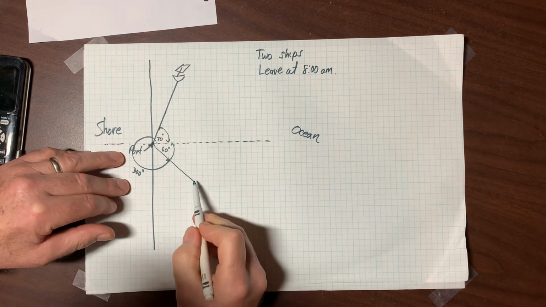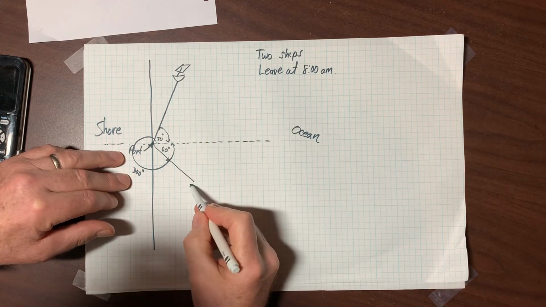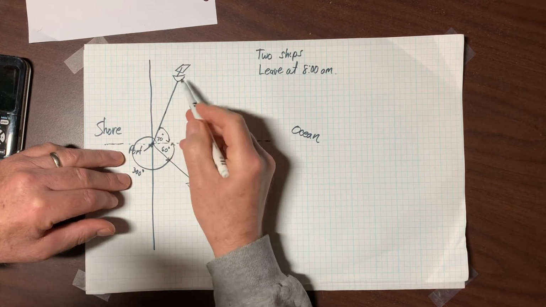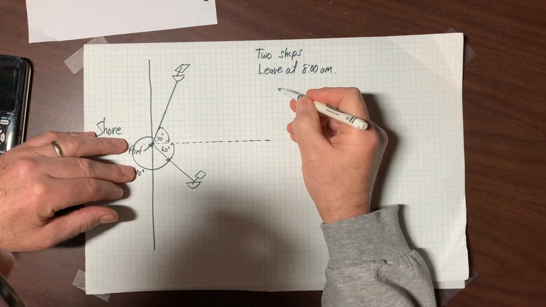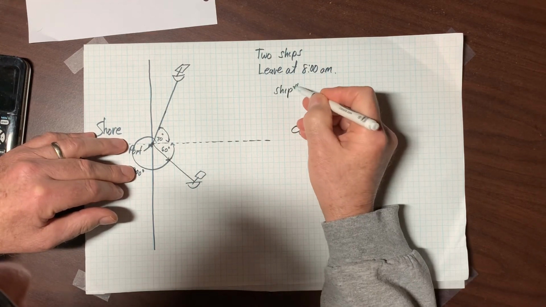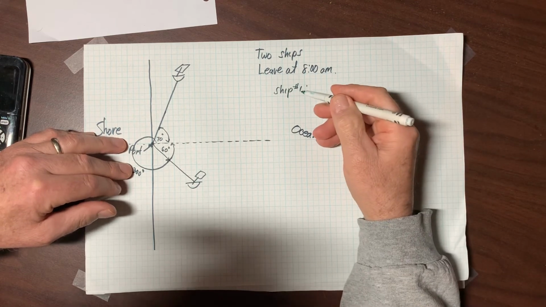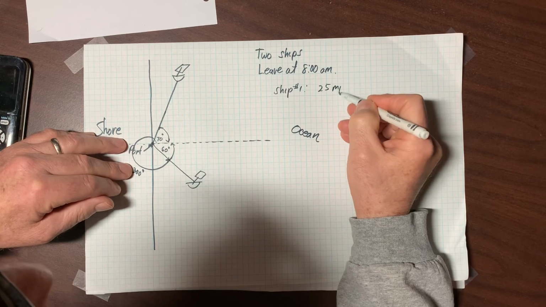All right. And let's suppose that this ship here, ship number 1, is traveling at a speed of, say, 25 miles per hour.